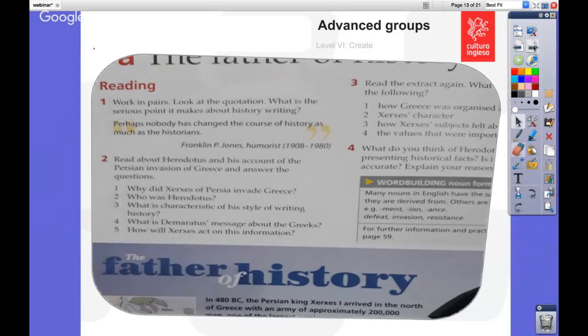You can ask them to create the story from the title of the story, The Father of History. We have worked previously with some warm up and some exercises to activate their previous knowledge. So we can ask them to create a story before reading the text.